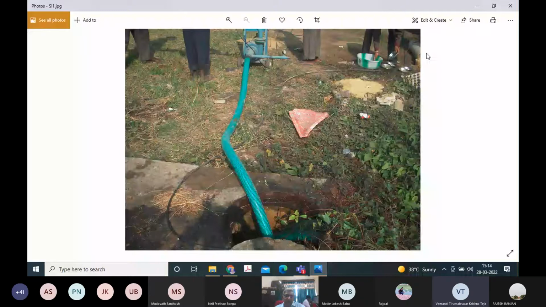So this part you see here, this is one pipeline, which we call a lateral pipeline. This is the lateral pipeline.